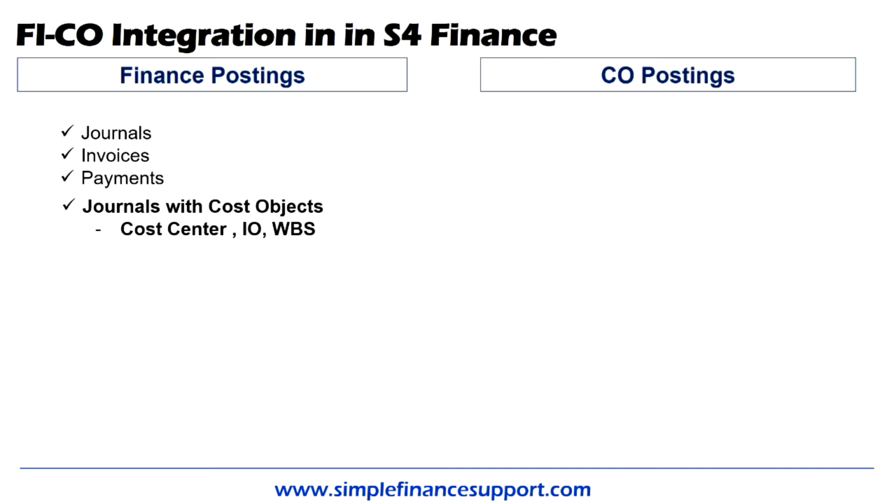When I say journals, it can be any journal, journals which result in the balance sheet or journals which result in the income statement. But when the income statement related journal has cost objects like cost centers, internal orders and WBS, this is automatically posted in the CO. In true concept, there is nothing called CO, it's all in finance only, but from the reporting point of view, you have them in the CO.